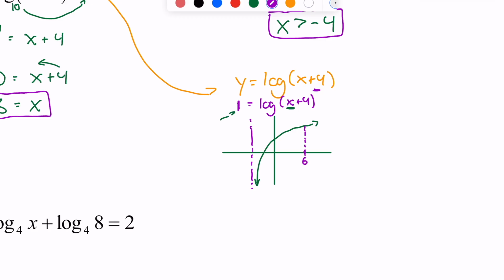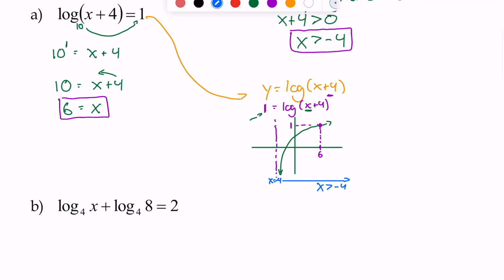You are at a y coordinate of 1. And you can see that we are going to have valid solutions as long as x is bigger than this asymptote here. So another way to approach these problems is to think of it like a graph. Just go back to the graph and ask, where are we on our domain?